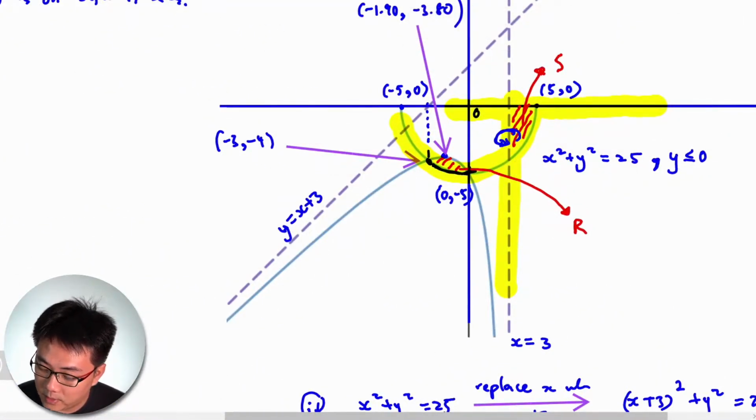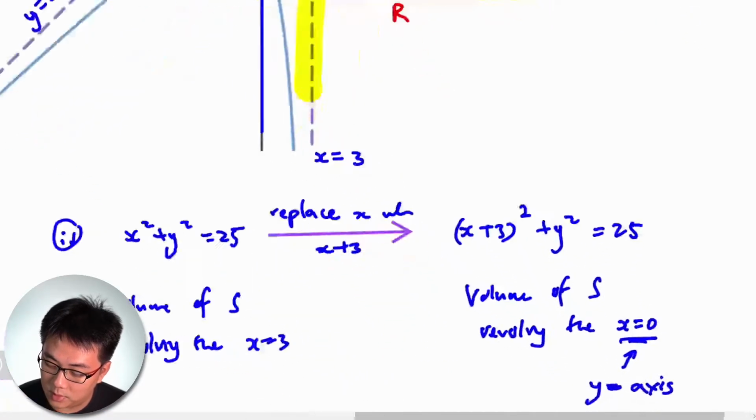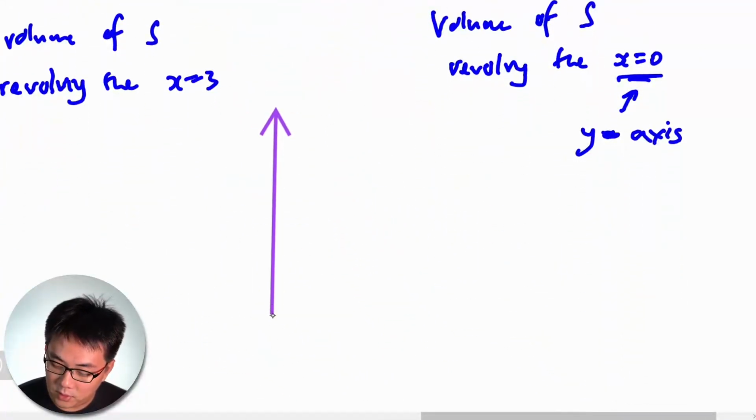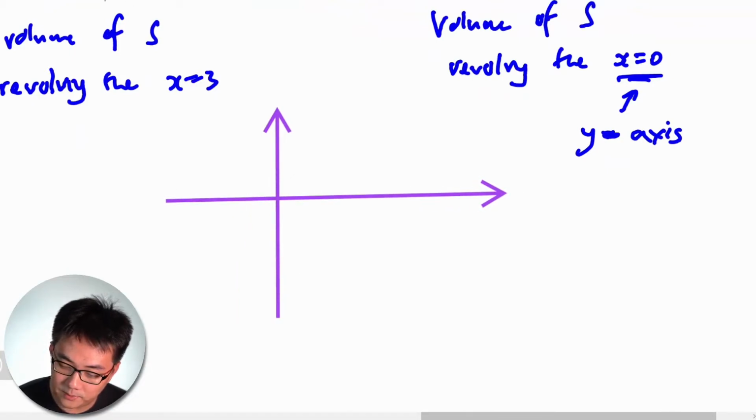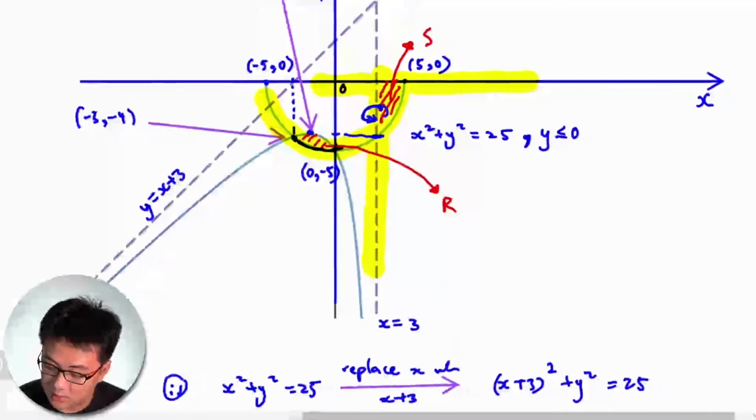So for this part, what we need is to find this point here. When x equals 3, we need to know this y value. I'm just going to visualize this. So this is s. Once you move it over, we need to know what this value is, when x equals 3.